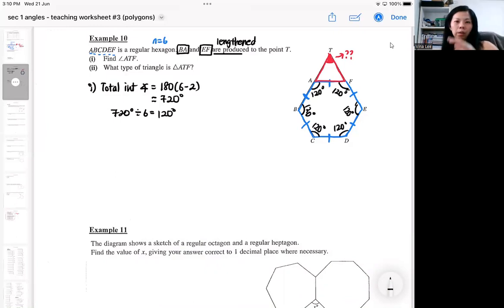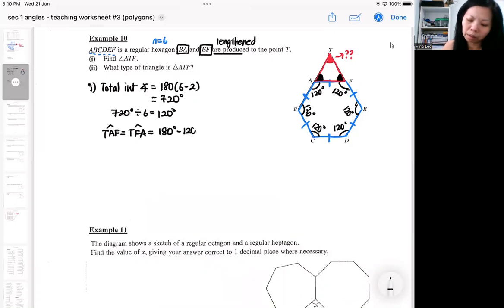With all the 120, you can use angle on a straight line to find TAF. TAF is actually the same as TFA. So it will be 180 minus 120, and the reasoning is angles on a straight line.